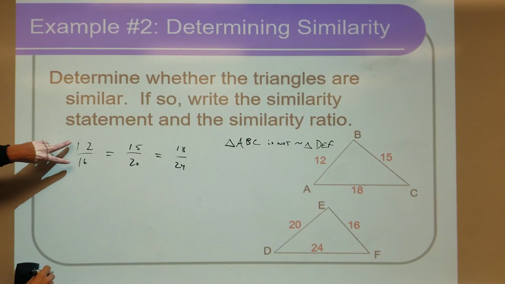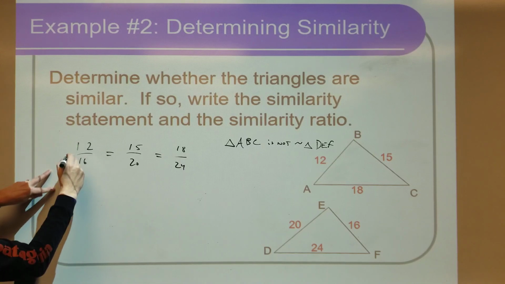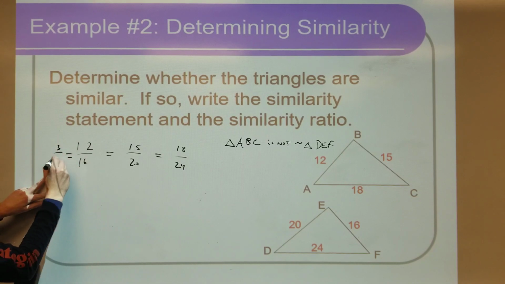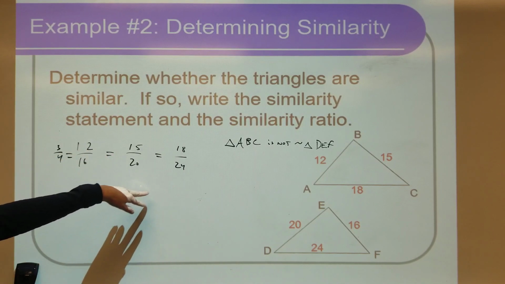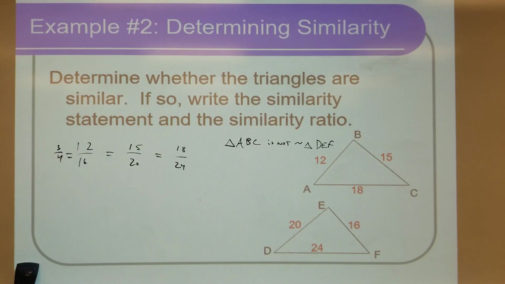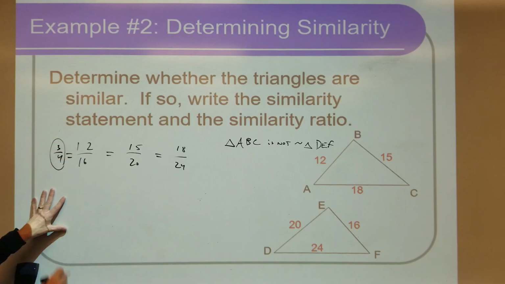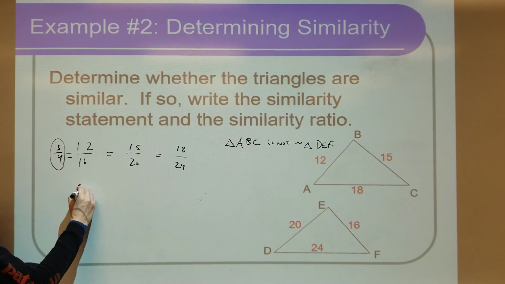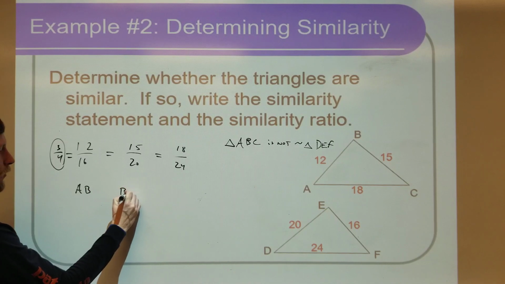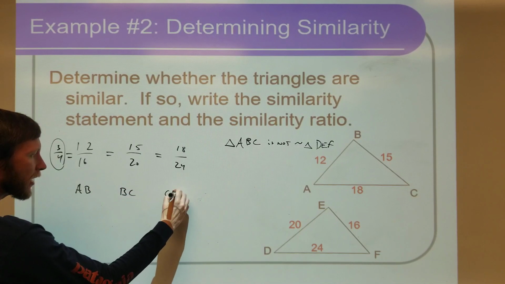That we can show that 12 over 16 is equal to 3 times 4 over 4 times 4, that 15 over 20 is 3 times 5 over 4 times 5, that 18 over 24 is 6 times 3 over 6 times 4, and so all of these are equal to 3/4. Therefore, they're equal to each other. Therefore, those are proportional.